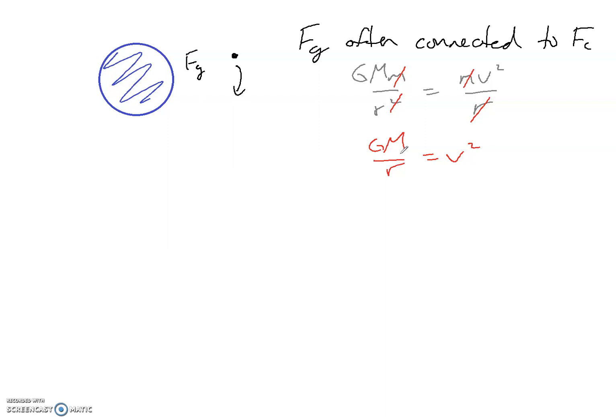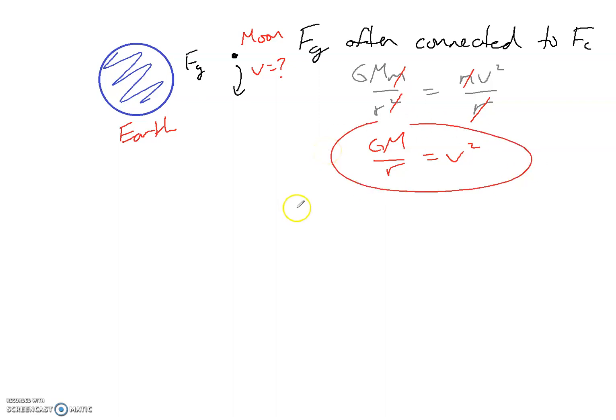So let's take something really, really simple. Let's say this is the Earth, and this is our actual moon, and let's find out how fast the moon goes around the Earth. Well, we can use this expression right here. So the v of the moon would just be GM over r, and then you'd have to square root it afterwards.